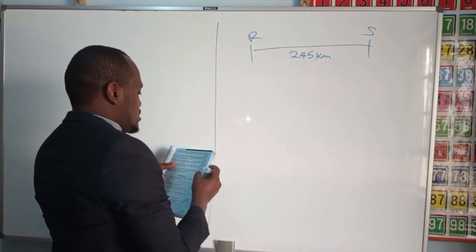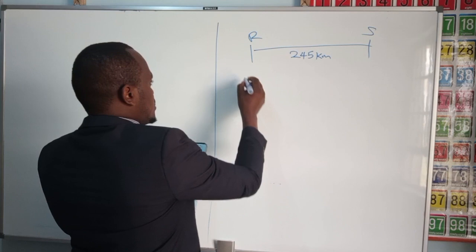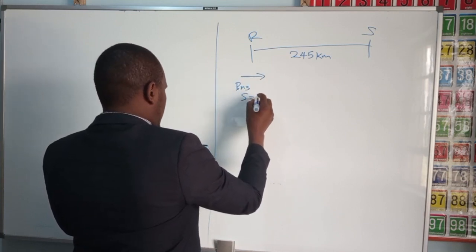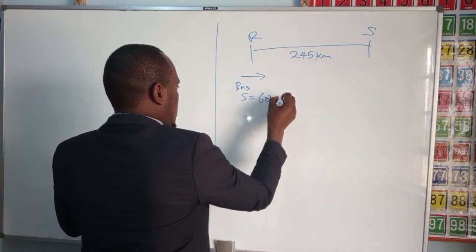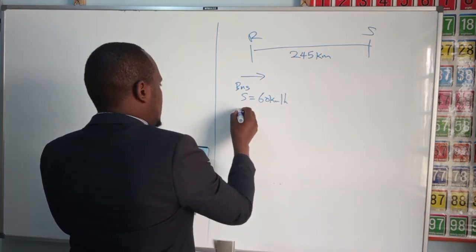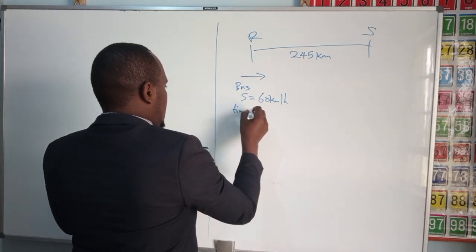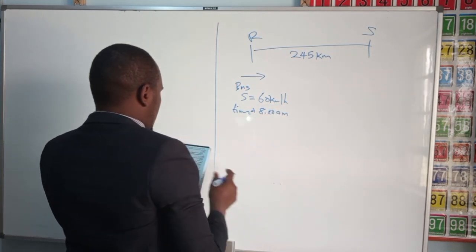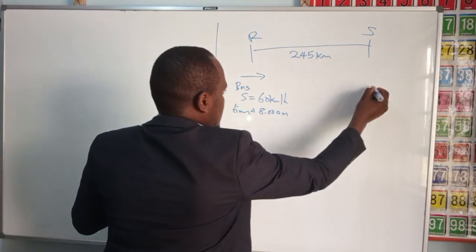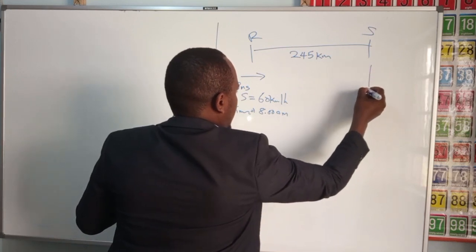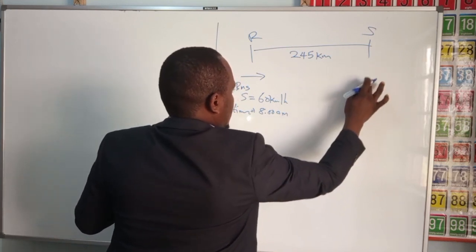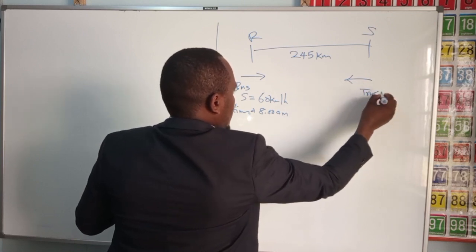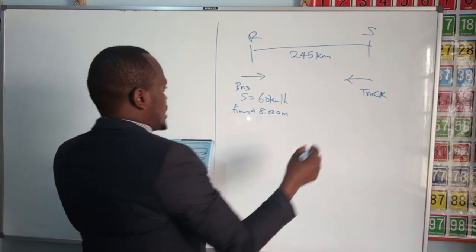A bus left town R at a speed of 60 kilometers per hour at 8:00 a.m. A truck left town S for R at 9 a.m. So the truck is coming this way.